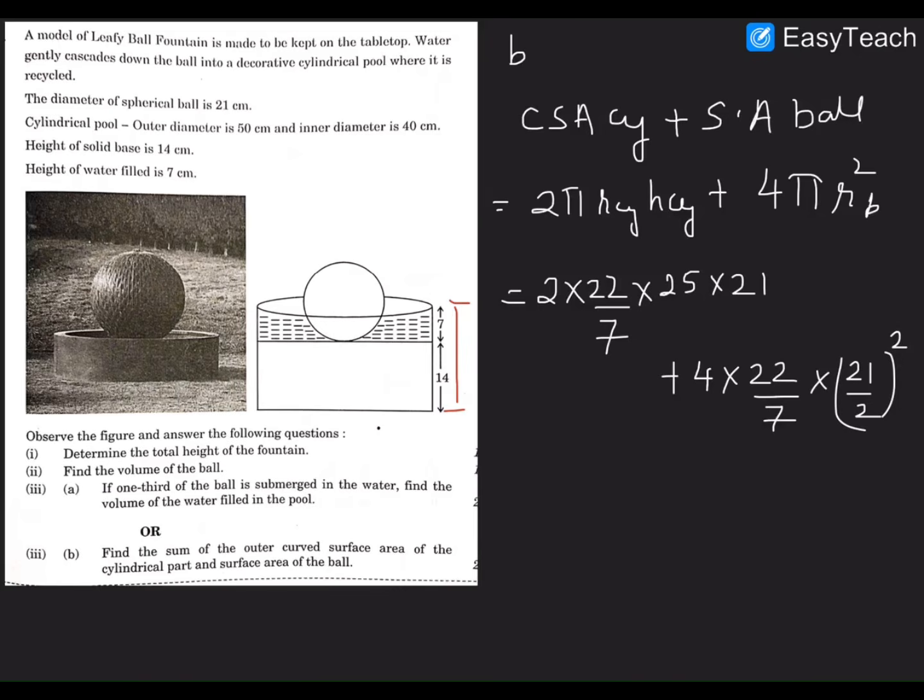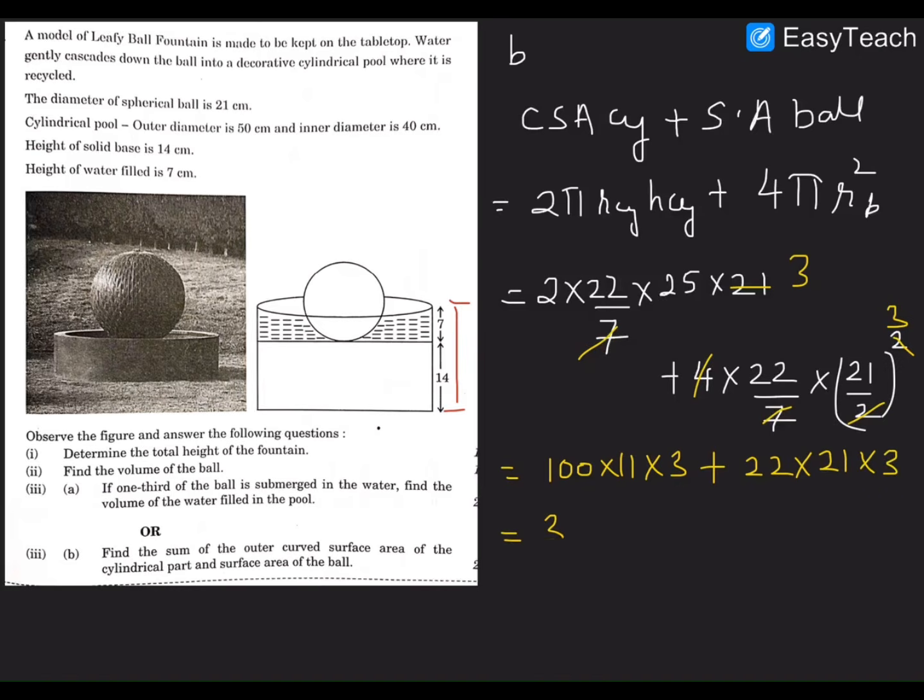Simplifying this, from here 7 and 3, you will get 2 into 22 into 25 into 3, which gives you 100 into 11 into 3, plus, simplifying this also, I'm cancelling out 121 and 3 and 2 4s here, so you are left with 22 into 21 into 3.